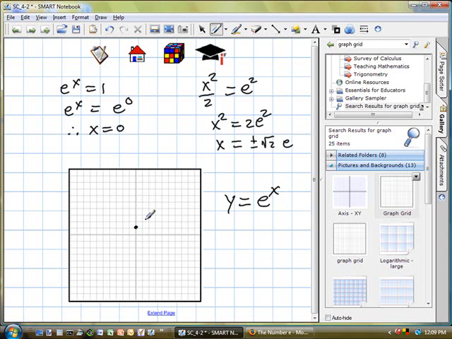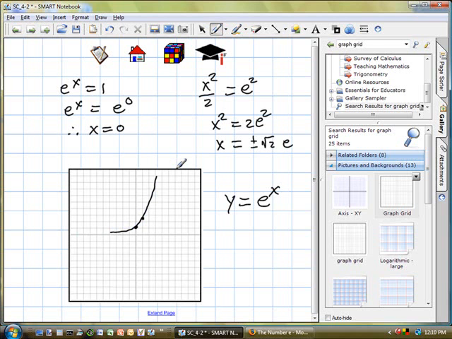If x is 1, what should y be? 2.7. So if x is 1, it's somewhere in there. And so anyway, this thing looks something like this, and we know it has that same exponential look to it.